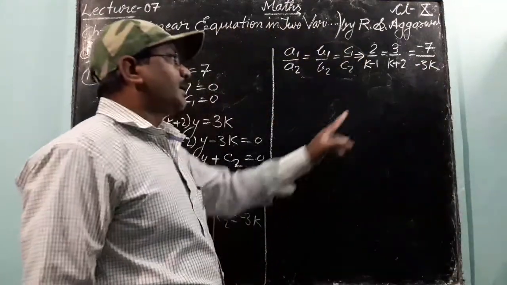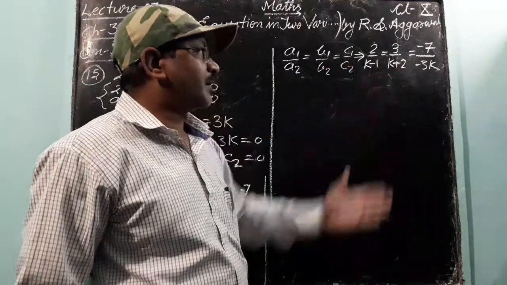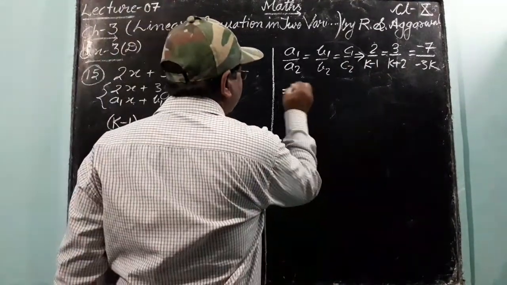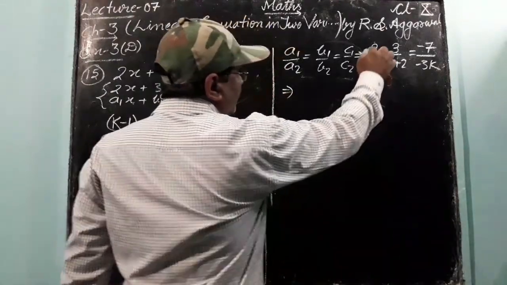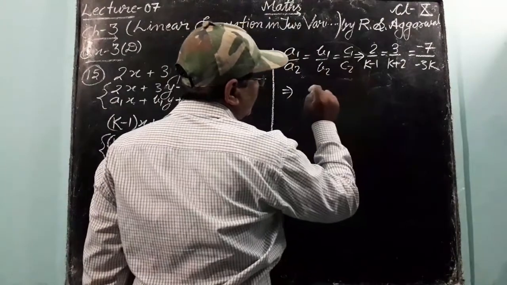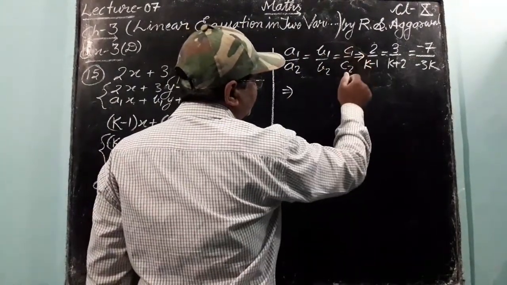Now this you will convert into two forms: a1 upon a2 is equal to c1 upon c2, and b1 upon b2 is equal to c1 upon c2.